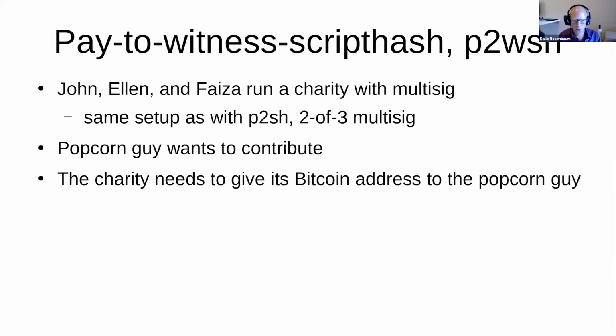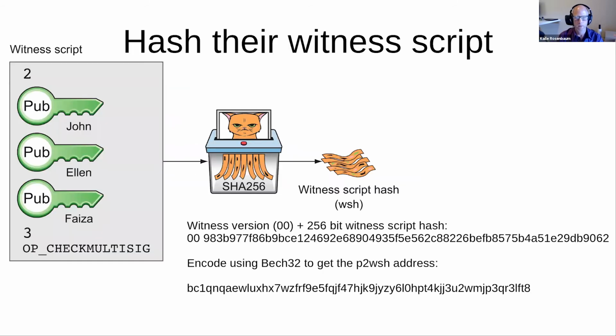And suppose also that the guy that you paid for the popcorn machine wants to spend his coins to contribute to this organization. And for this to work, the charity needs to give their Bitcoin address to the popcorn guy. So this is how the charity organization would create an address.